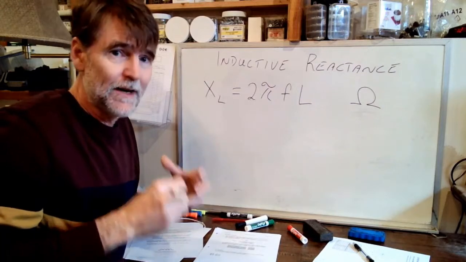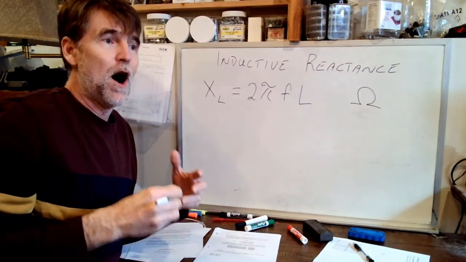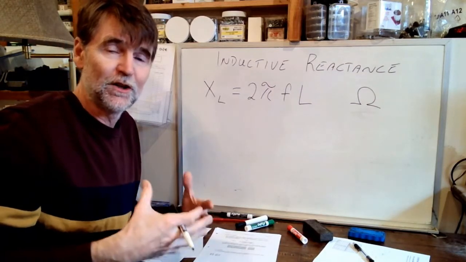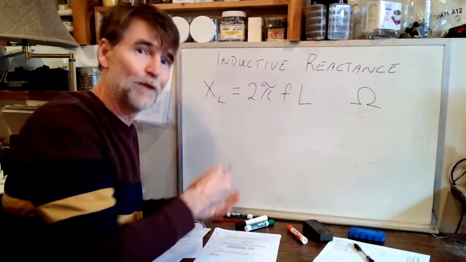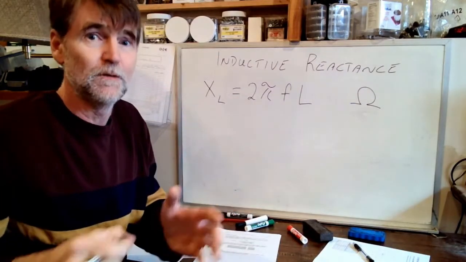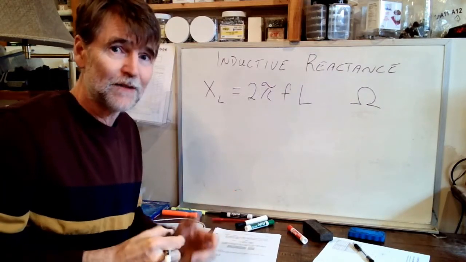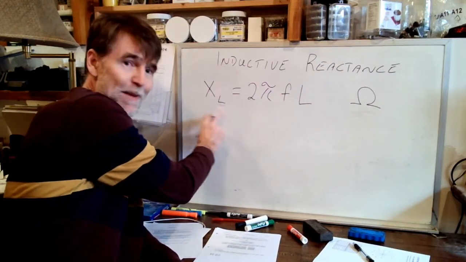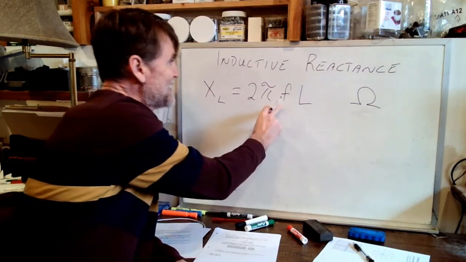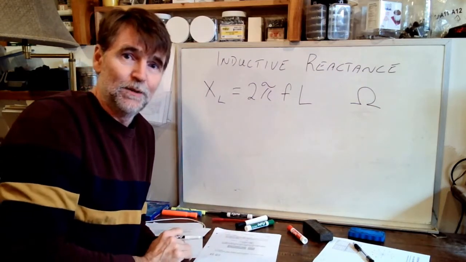So if inductive reactance is an opposition to a change in current, and capacitive reactance is going to be an opposition to a change in voltage, they're both in opposition to change. So one of the factors involved in how much pushback there is, is how quickly that change is taking place.